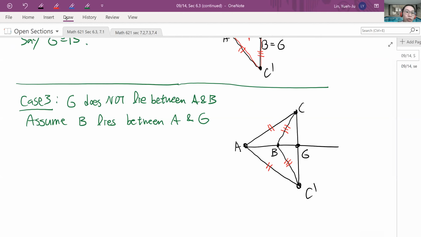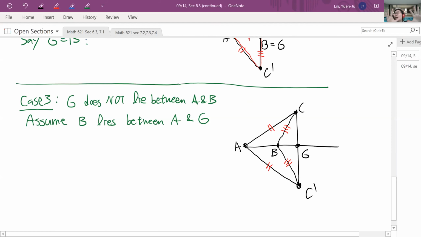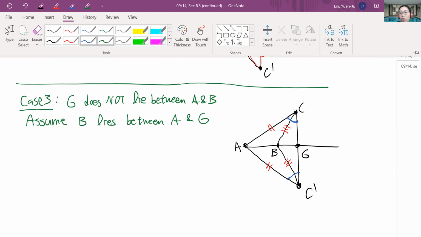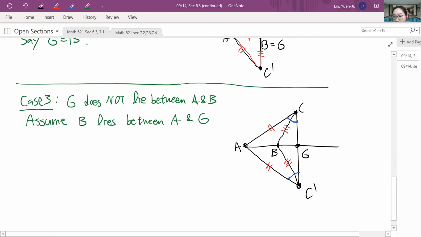Of course you need to write down the details, but I'm just going to say it to give you some hint. You will have these base angles which are equal, because that's the bigger isosceles triangle. But at the same time, you also have a smaller isosceles triangle, BCC prime, which means this smaller angle here should also be equal, right?